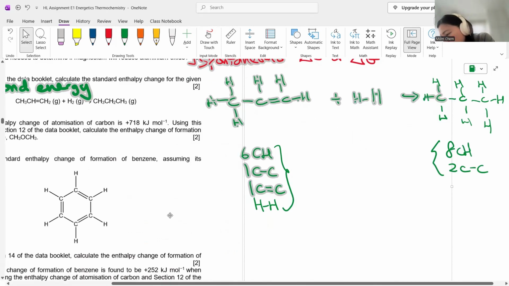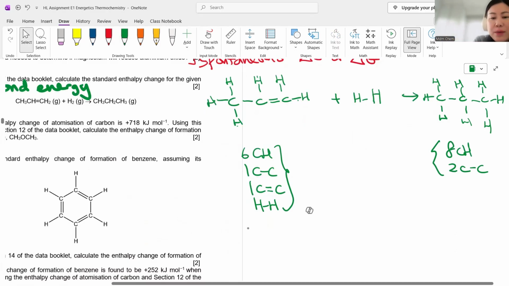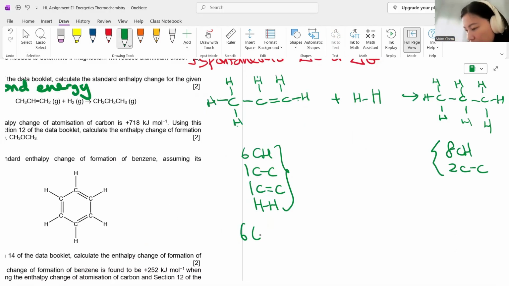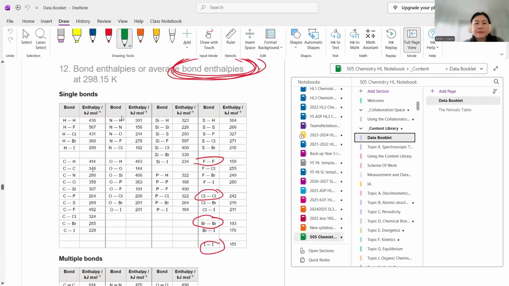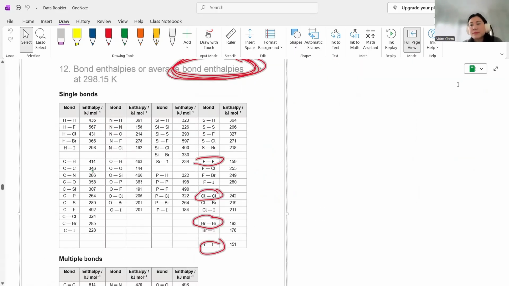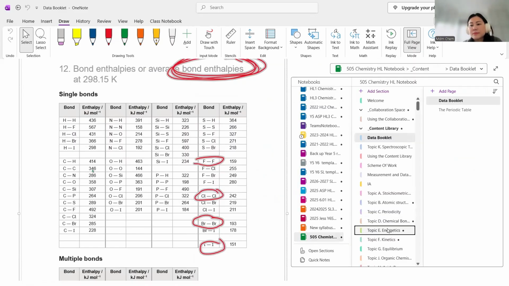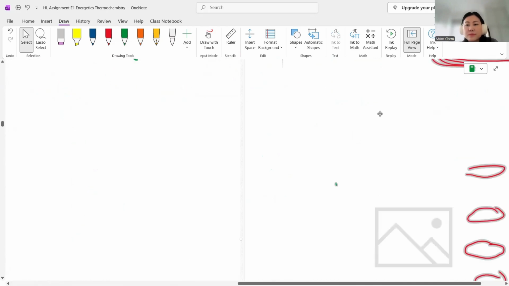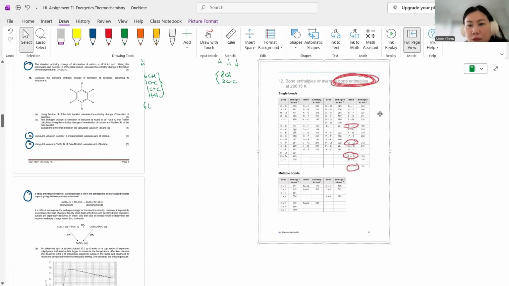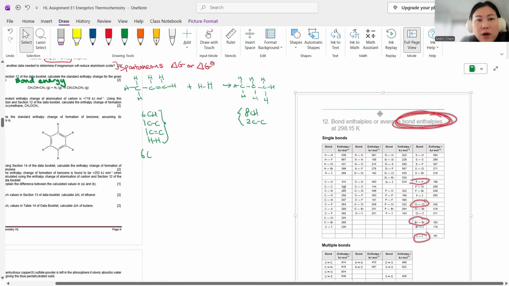If I'm going to look at reactants minus products, there will be 6 CH bonds. The CH bond is 414.